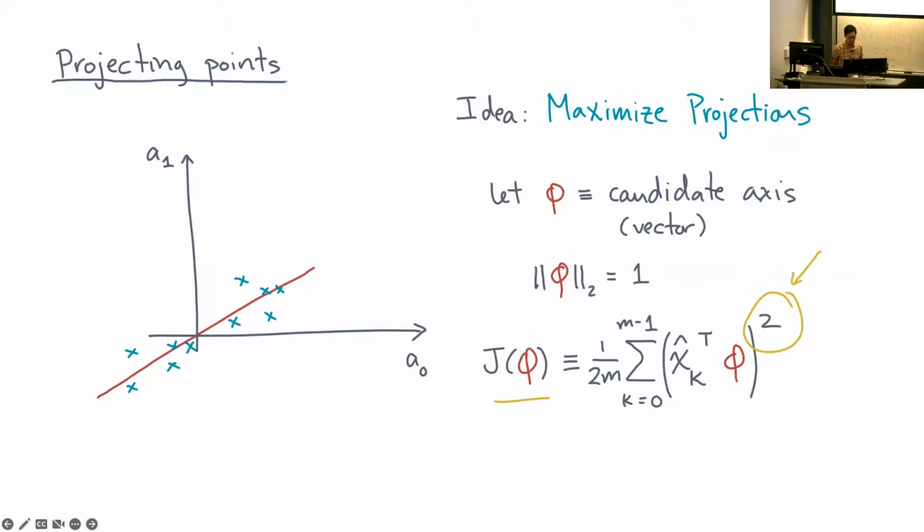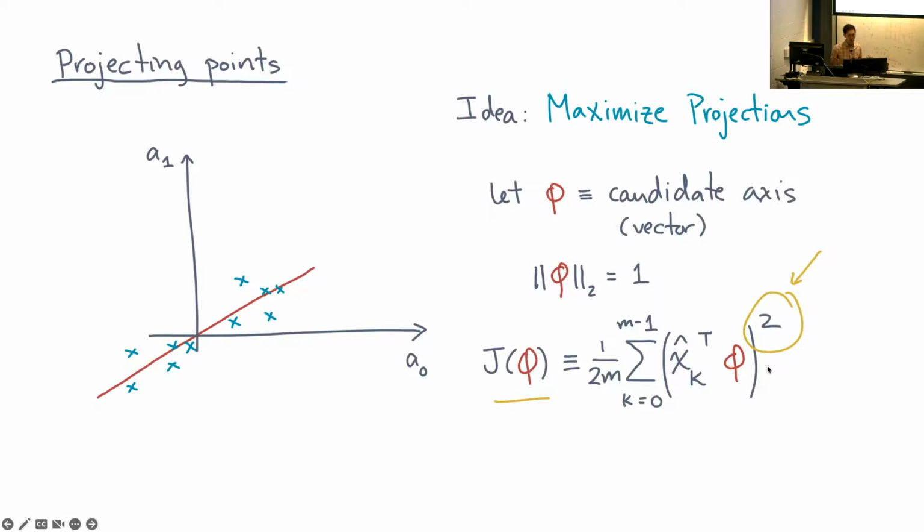All right, so I will use this as my function. So why would you do this? An ad hoc justification might be that points that have large projections, maybe you'd like to preserve those, and things with small projections are small anyway. So to penalize getting the long vectors wrong, we will use this square.